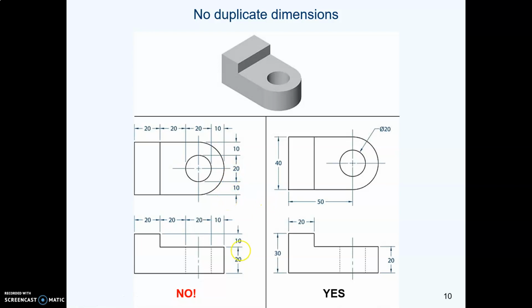And the other is that if you give the same dimension multiple places, and then you come along next year and you revise the drawing. You say, oh, you know what, that shouldn't have been 20, that should have been 19. So you revise it there, but you forget that you also had that same dimension down here, and so you forget to change that.